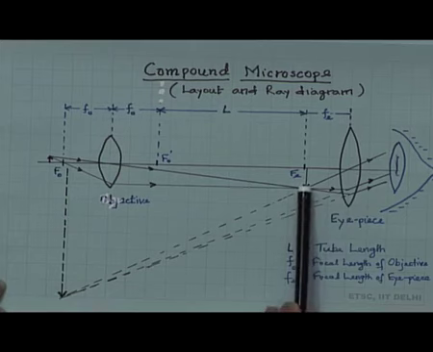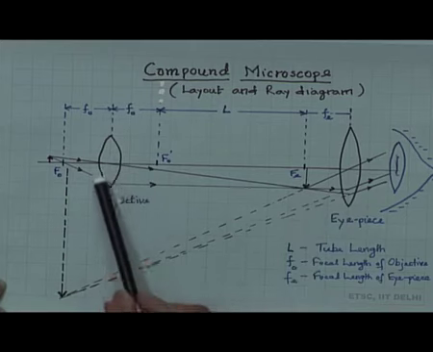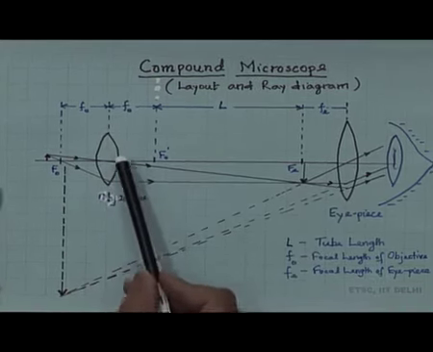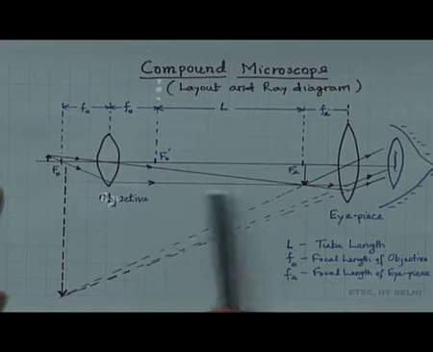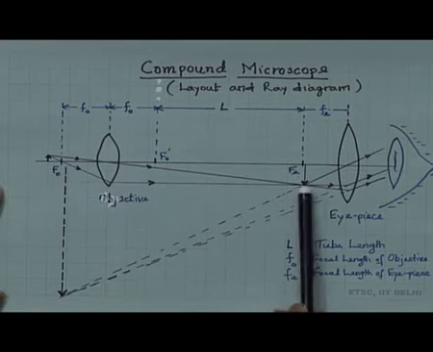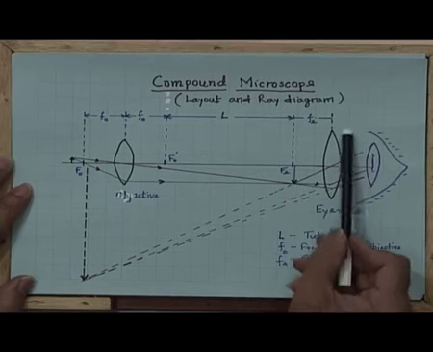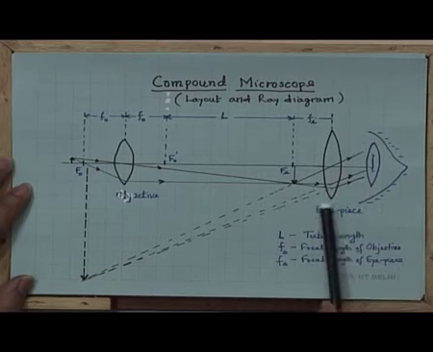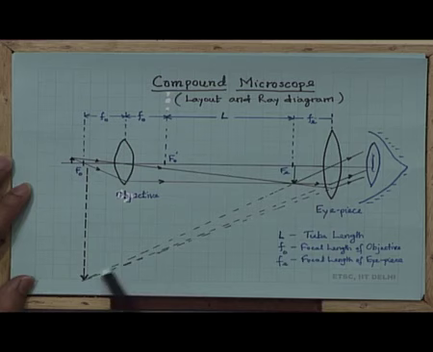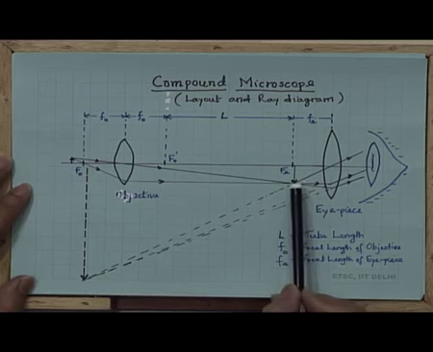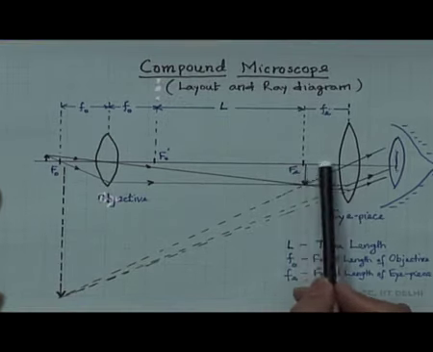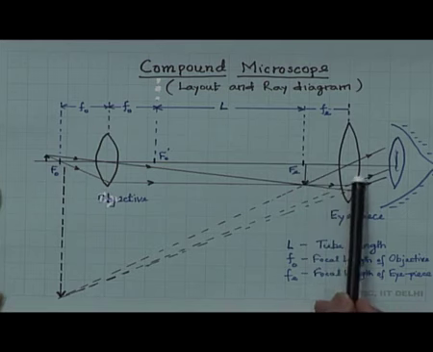So, this is an inverted real image formed due to the first lens, which is the objective in our case. The second lens gives a magnified virtual image, provided this image falls within the focal length of the second lens.